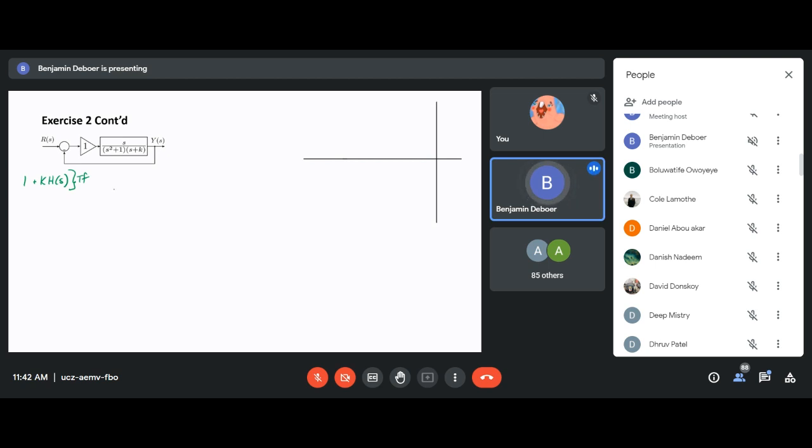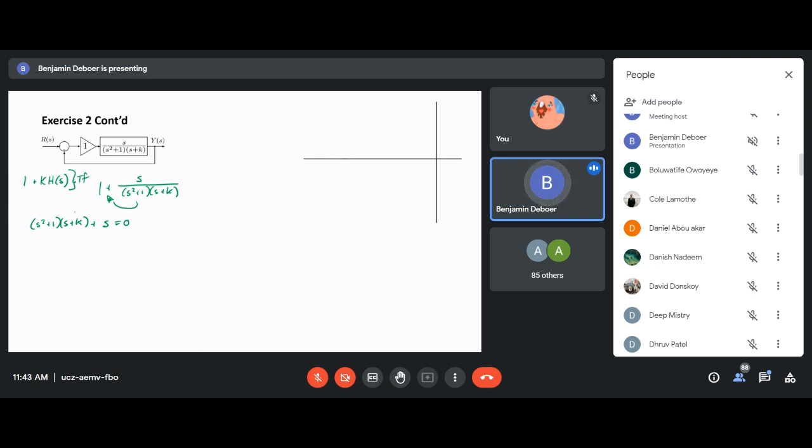Currently, we have 1 plus S divided by S squared plus 1, S plus K. Then we can multiply the top and the bottom, so we have S squared plus 1, S plus K, and then plus S. This whole system equals 0.